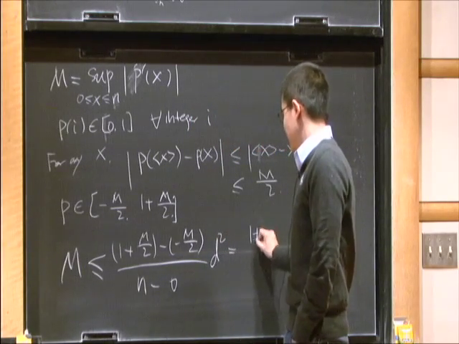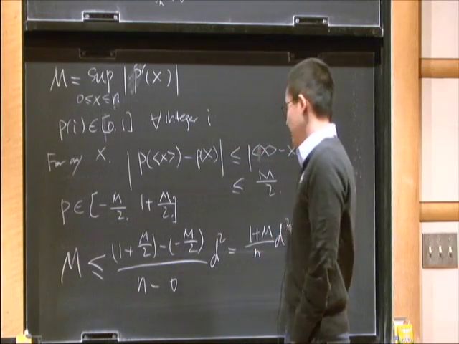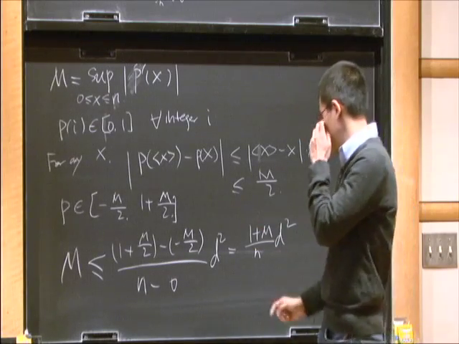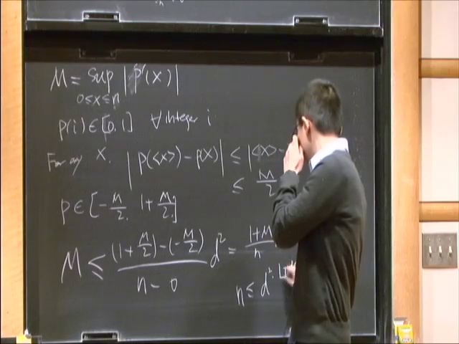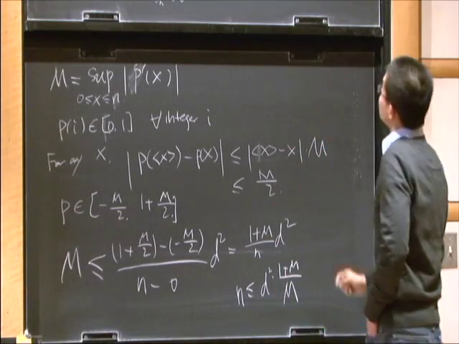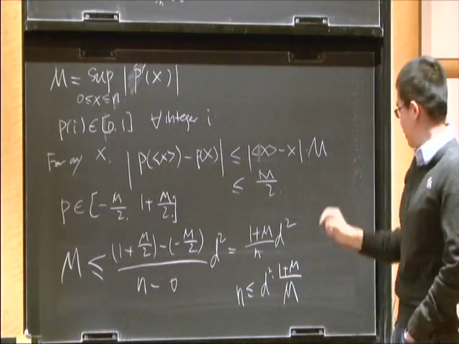So we get 1 plus m/n this square. So if you change this a little bit, you get n less than or equal to this square times 1 plus m/n.